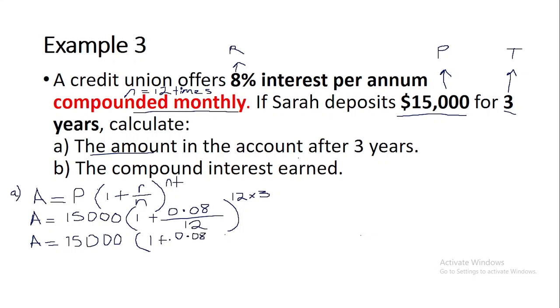I'm doing this because I know that 0.08 over 12 is going to be a long decimal number.